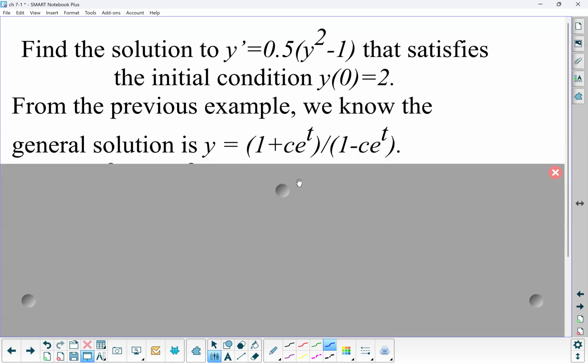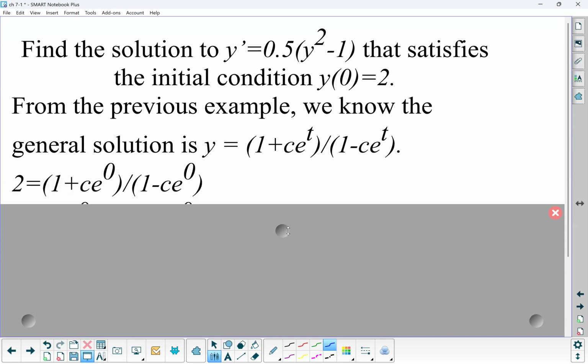So we know that y equals 1 plus ce to the t over 1 minus ce to the t is a solution. So if I plug 0 in for t and set it equal to 2, I can solve for c.